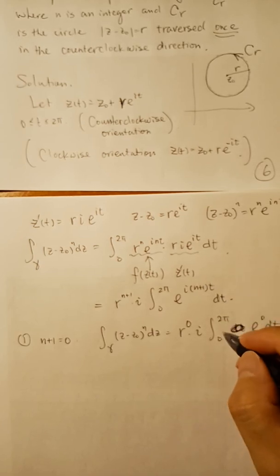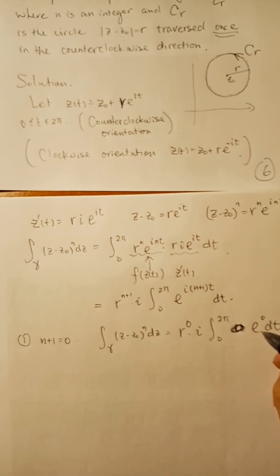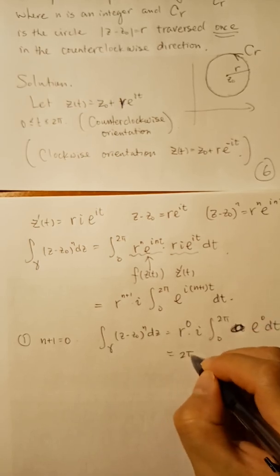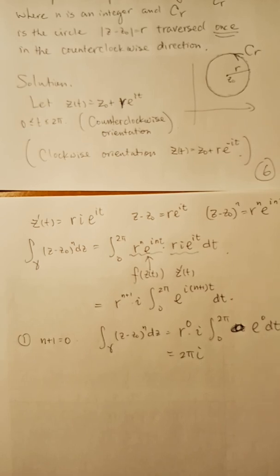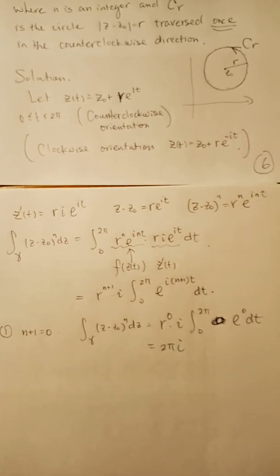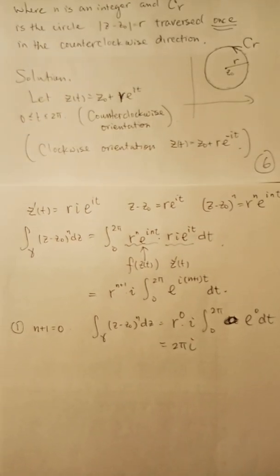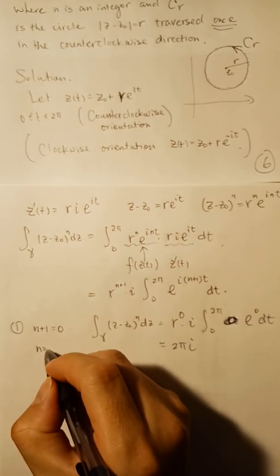This is 1, and the integral from 0 to 2 pi of 1 is 2 pi, so it's 2 pi i. This is the case when n is equal to negative 1.